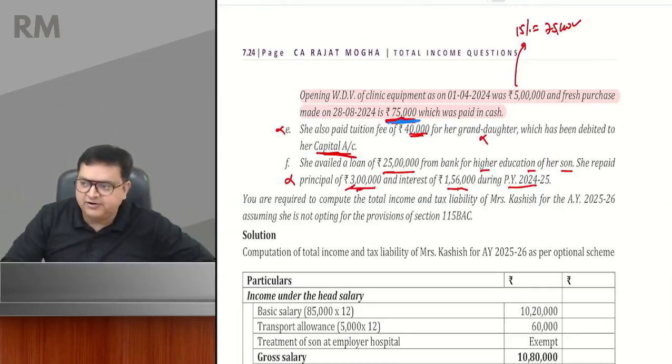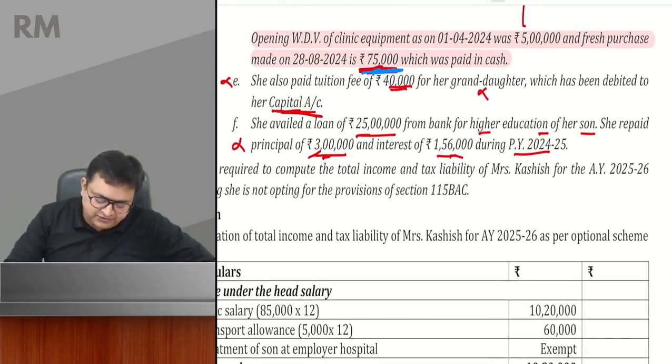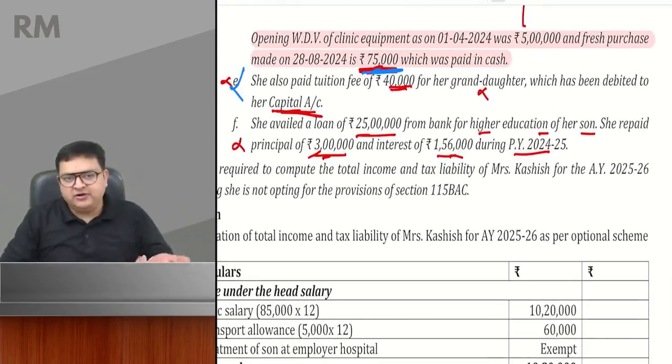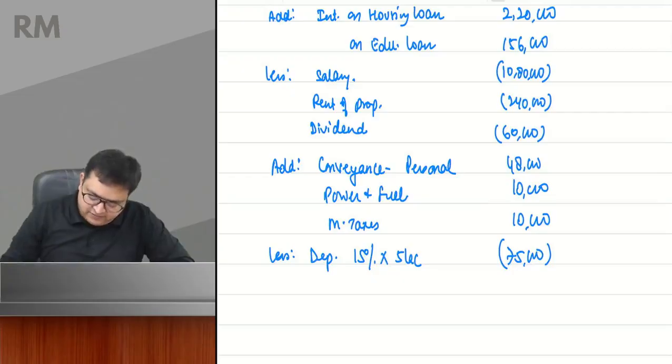This 75 will not get. If you want, you can mention this. Tuition fees we have not taken in PGBP, so I'll not consider in PGBP. She availed a loan, that we have already added back, so we are perfectly okay with it. Correct. 156 was debited, we have added back, it's a personal expense, so we are okay with it.